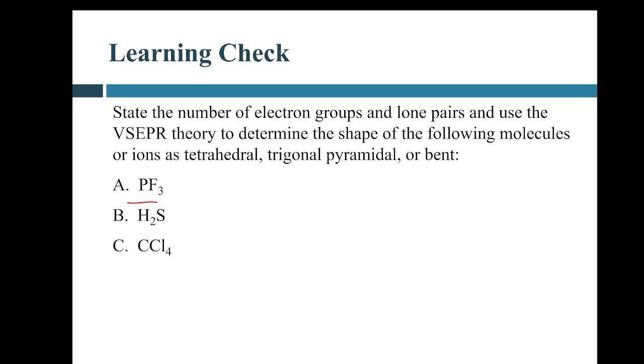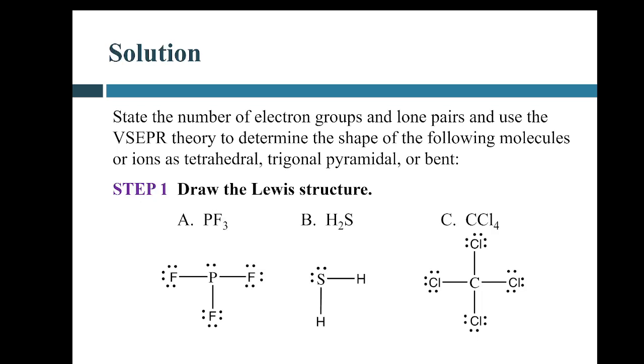Let's go ahead and do the Lewis structures real quick. Did everybody get that for the Lewis structures? No? Okay. So we have phosphorus here. That's typically 3 steps to a noble gas, right?